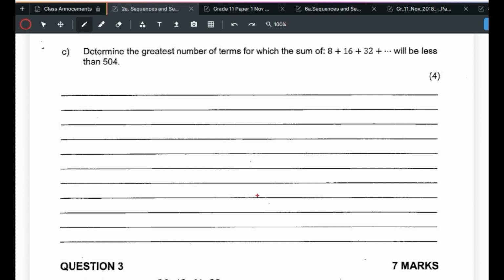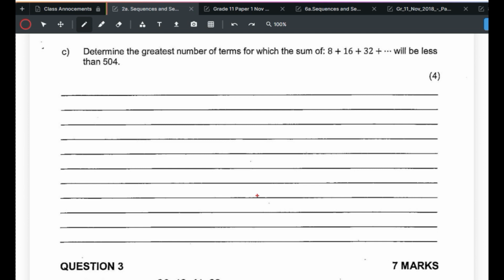I forgot we have a and we can get d. Or is it r? It's r. Okay. Let me start at the beginning. You get your a, which is obviously 8. Then r is 16 divided by 8, which is 2.